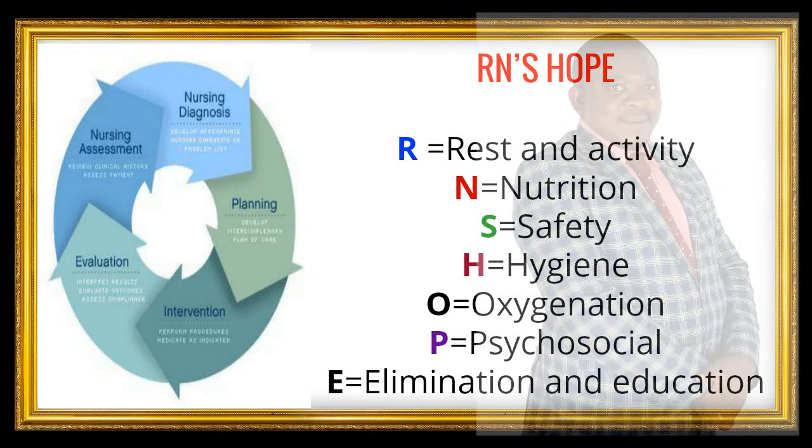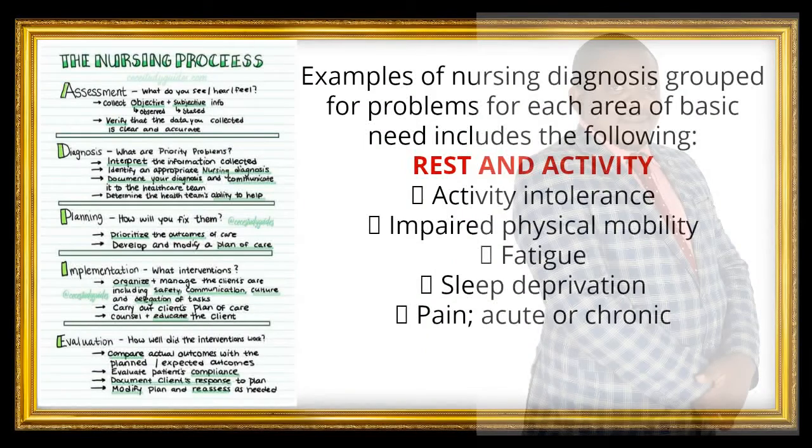In the RN's HOPE, you can have a lot of nursing diagnosis phrases that you can make based on the same. Let me try to give some examples under the rest and activity, which is the R part. Examples of nursing diagnoses grouped under rest and activity may be activity intolerance.